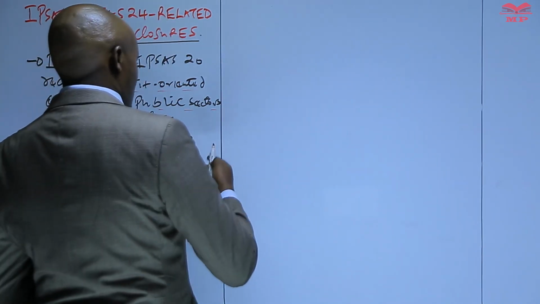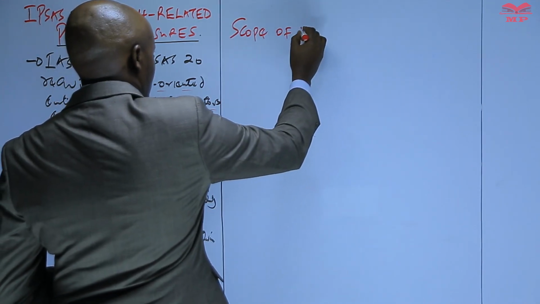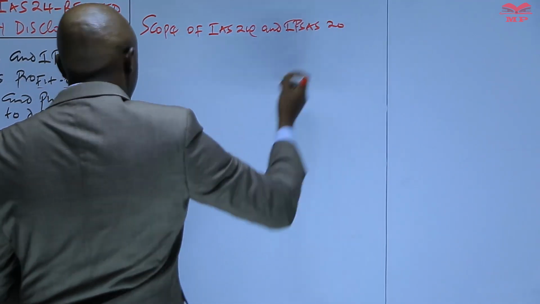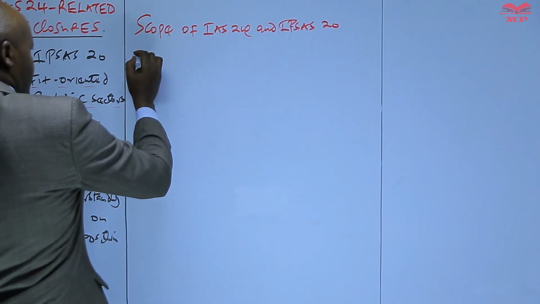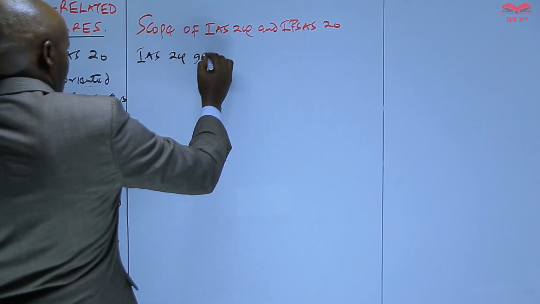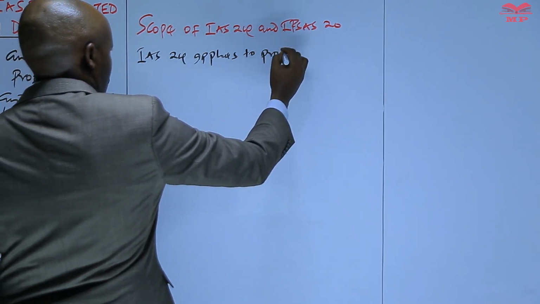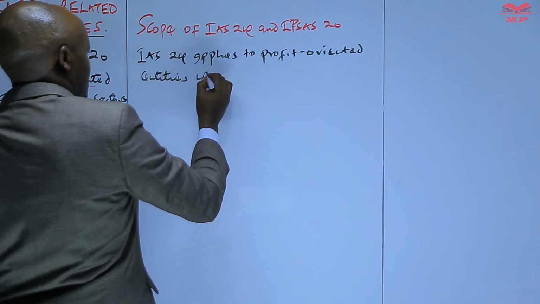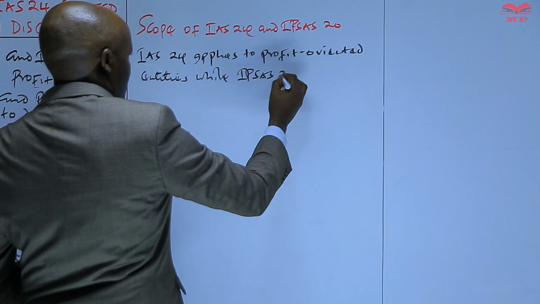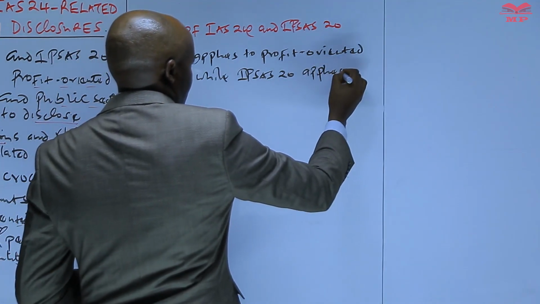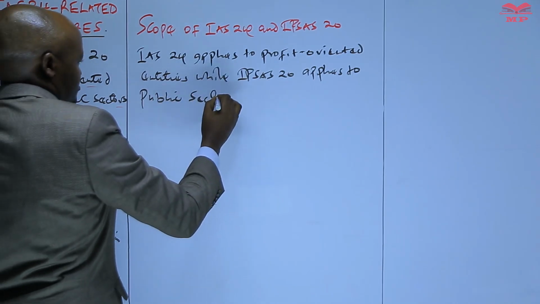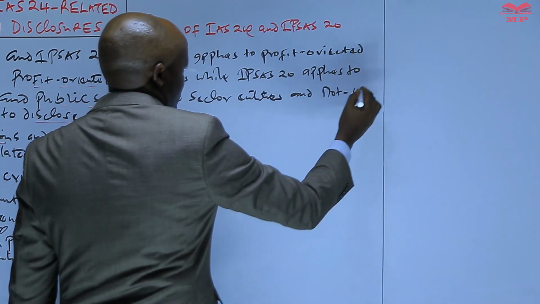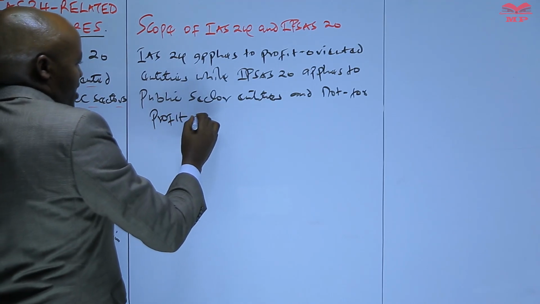So therefore you can look at the scope of these two standards, the scope of IAS 24 and IPSAS 20, and we say that IAS 24 applies to profit-oriented entities, while IPSAS 20 applies to public sector entities and not-for-profit organizations.